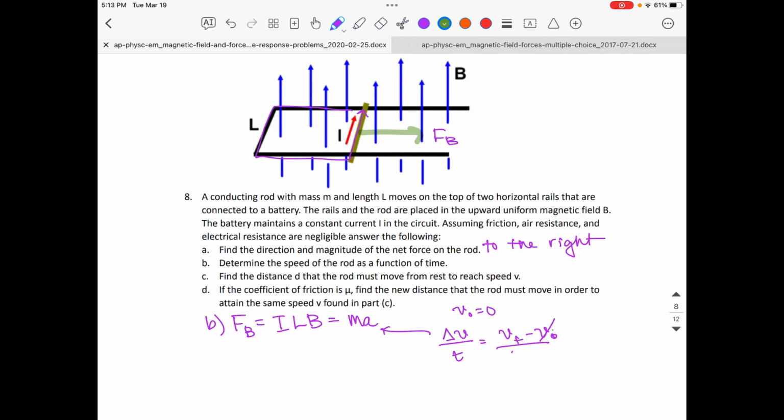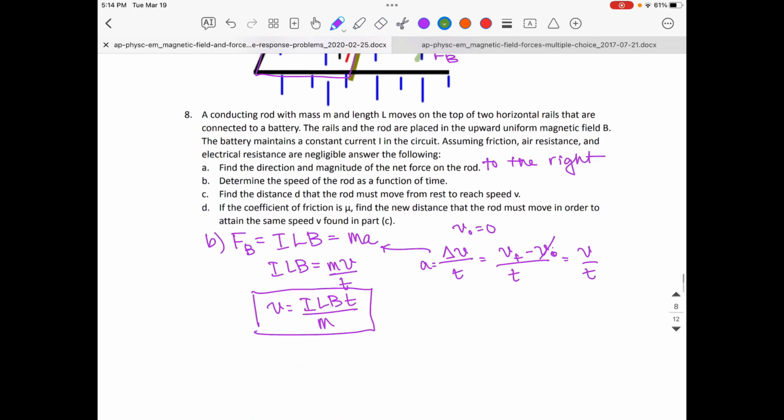So it's really just V over T. So now we can plug in and solve for velocity. ILB is equal to mv over t. This is my acceleration equation. And therefore, V is equal to ILB times time divided by mass. And that would be your final answer for B.